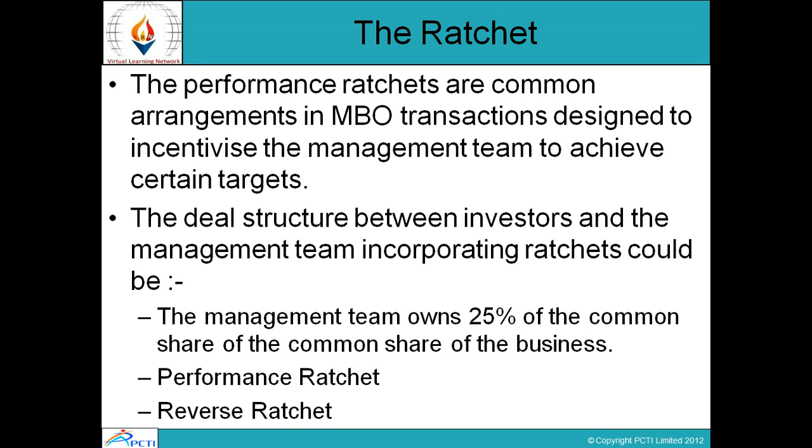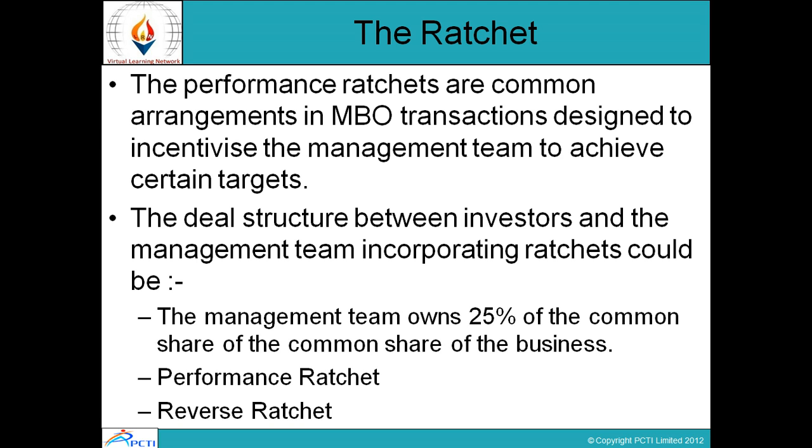Ratchets, when we say, are common arrangements in MBO transactions which are designed to incentivize the management team to achieve the targets. Here the equity investors use ratchets to reduce downside investment risk and share upside potential.